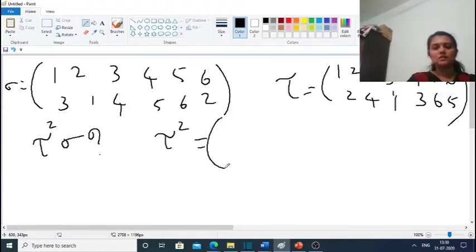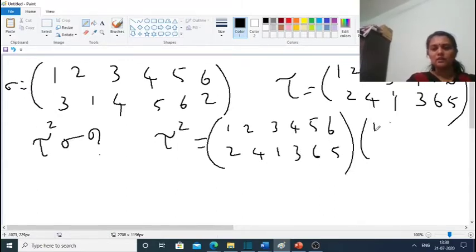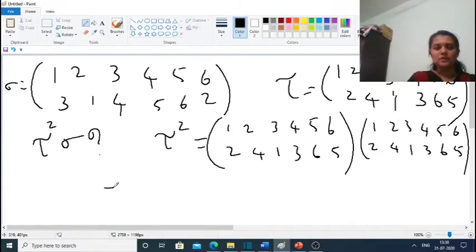Tau square is equal to 1 2 3 4 5 6 over 2 4 1 3 6 5, again 1 2 3 4 5 6 over 2 4 1 3 6 5. We write 1 2 3 4 5 6 on the top.